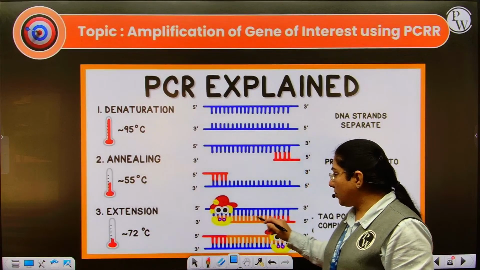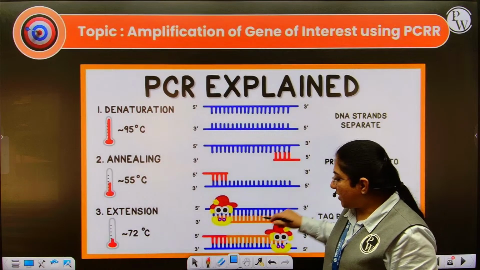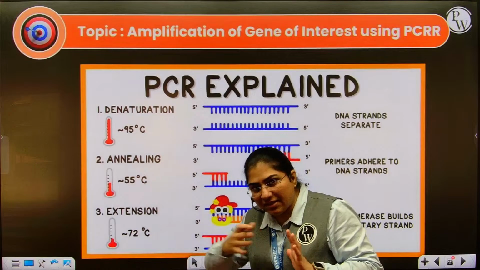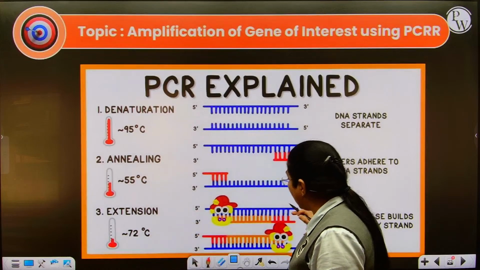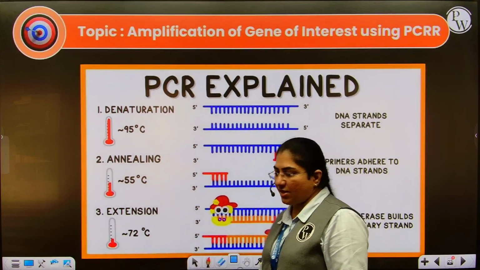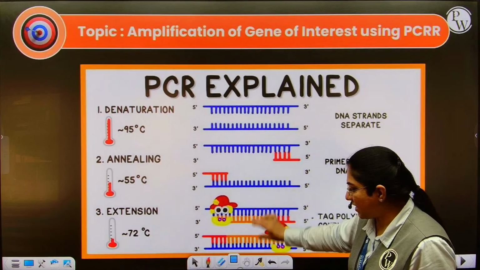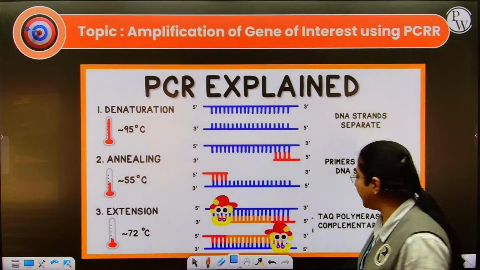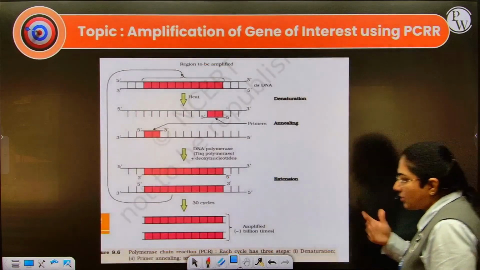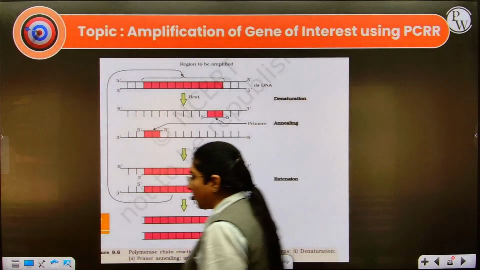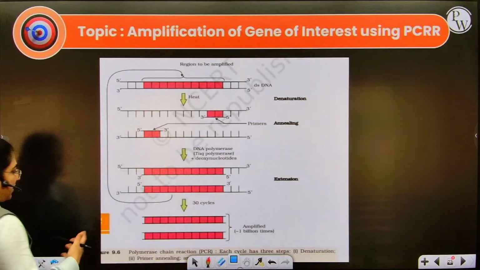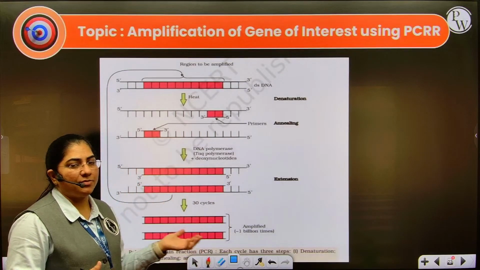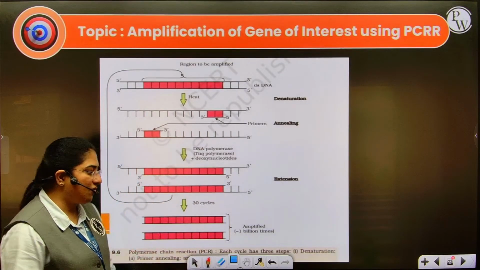Depending upon the complementarity, the Taq polymerase will help, and these will now start to increase the length of the primers, thereby the process called extension, and we now have 2 double helical DNA, 2 copies of the template DNA. The same procedure we keep on continuing. Our NCERT diagram 9.6, as you can see, and as we keep on increasing, after particular cycles we can obtain approximately 1 billion copies of the DNA.